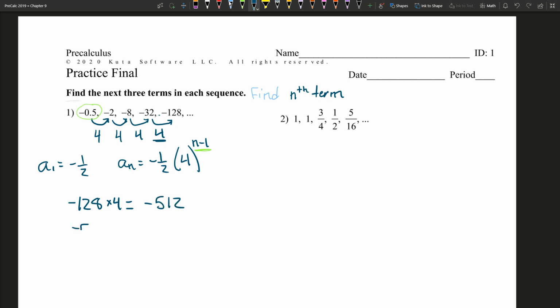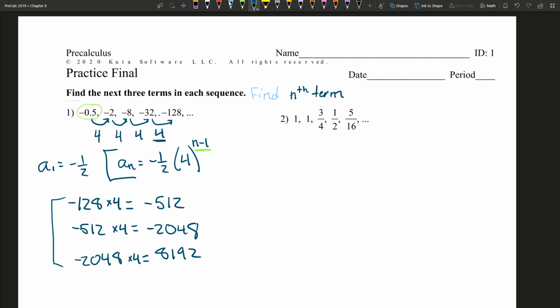The term after that is negative 512 times 4, which is negative 2048. And then the term after that is 8192. Okay, so we found the rule, and then we found the next three terms.